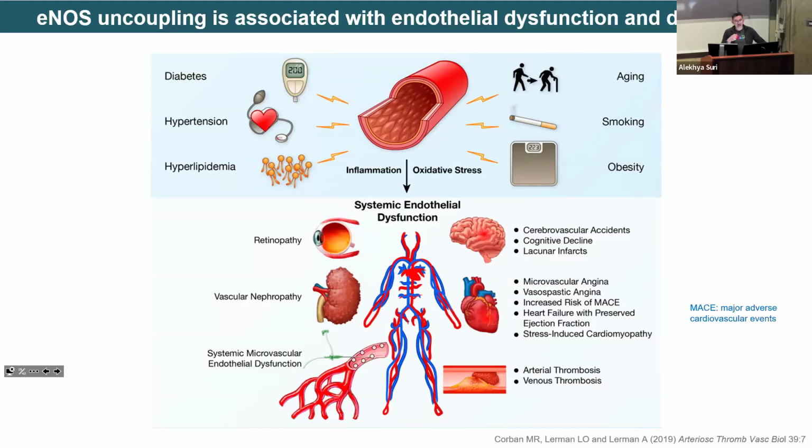So the rationale is, if you load up your cells with glutathione, you are less likely to produce superoxide. And if you don't have superoxide, then you don't have peroxynitrite, and that decreases the damage caused by the uncoupling of eNOS and the low availability of nitric oxide.